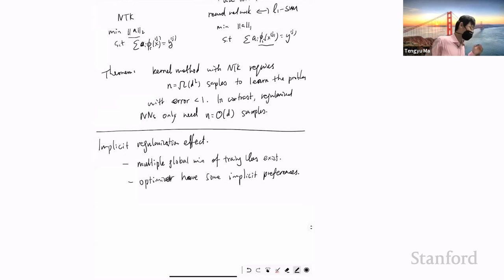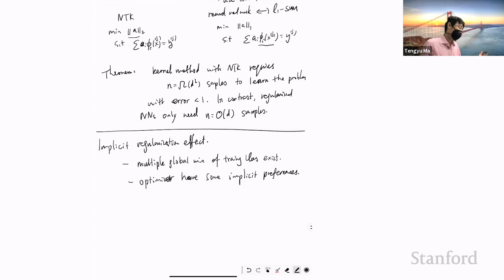We have claimed that almost every aspect of the optimizers has some preference. For example, if you use a particular initialization that enables NTK, then you have the NTK preference. You are learning the NTK solution. And if you use some other initialization, you have some other preferences.